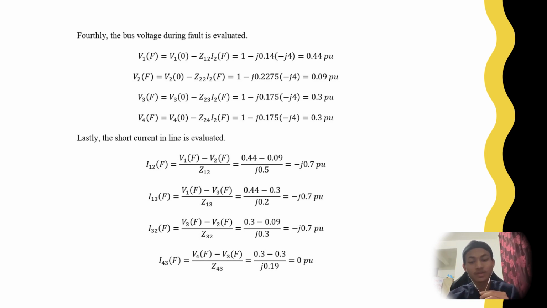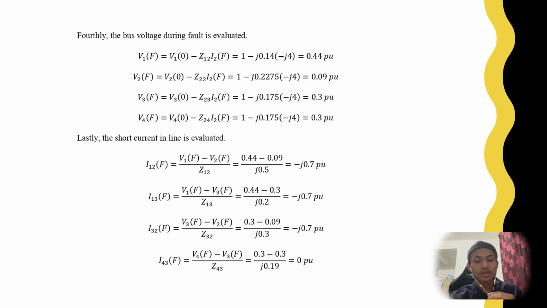From the equation, we got the voltage for bus 1 equal to 0.44 pu. The voltage at bus 2 is 0.09 pu. The voltage at bus 3 is 0.3 pu, and the voltage at bus 4 is 0.3 pu.